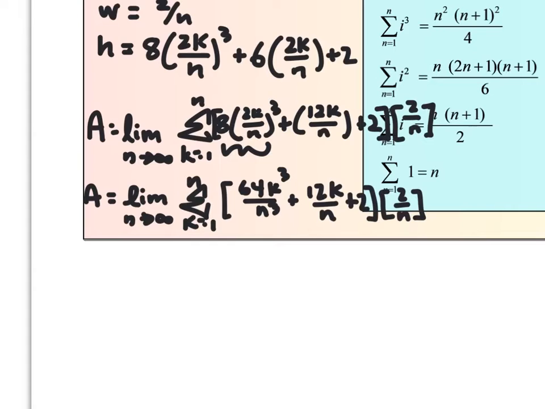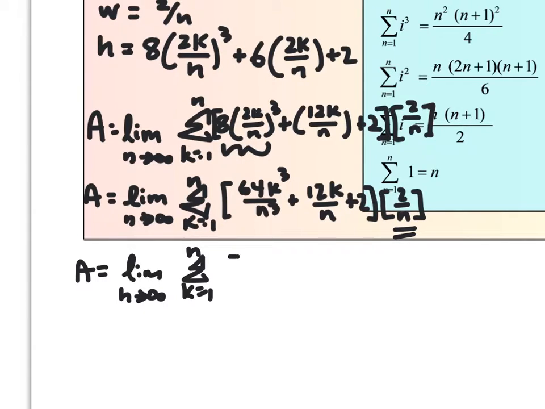Okay, let's keep doing some work here. That would be the area, which would be the limit as n goes to infinity of, let's bring that width in now, k equals 1 to n. So I'm going to distribute this term to each of those three.